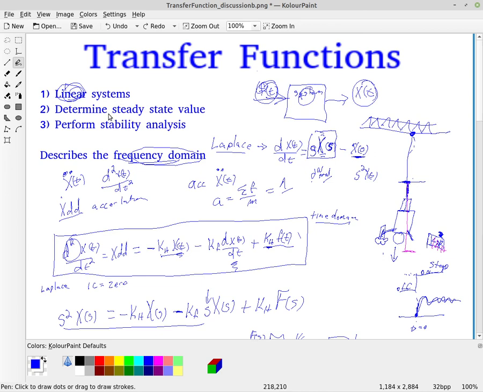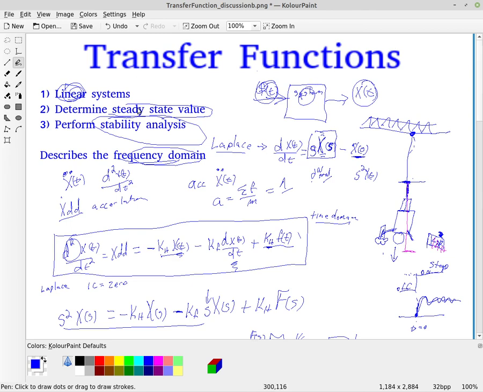And the nice thing about this is we can find the steady state value, and we can find out various things about the stability. When we get into root locuses next week, we'll see what we can do to determine how applying controls to the system affects our stability, using what's called the root locus.